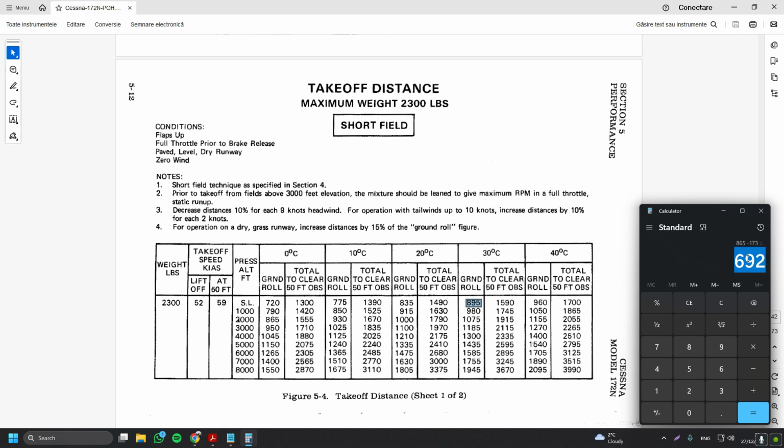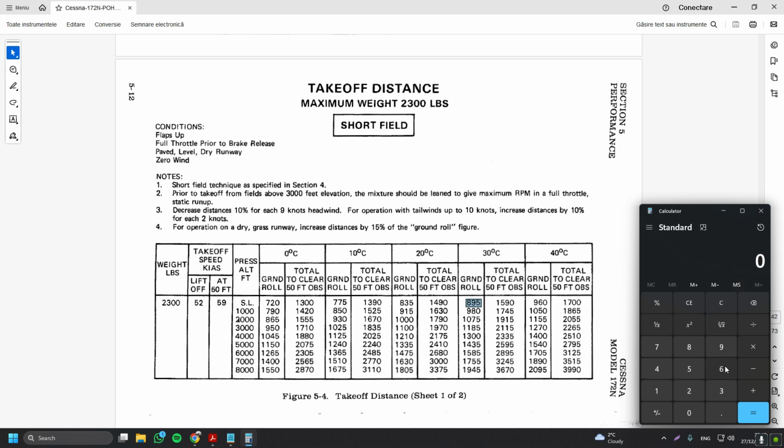Okay, but remember, this is a grass runway, so the distance will increase by 15% because of the higher friction. So now let's calculate what is 15% of this one. 692 divided by 100 multiplied with 15 is 104 feet. So we'll have to increase the distance. At 692 we'll have to add 104.